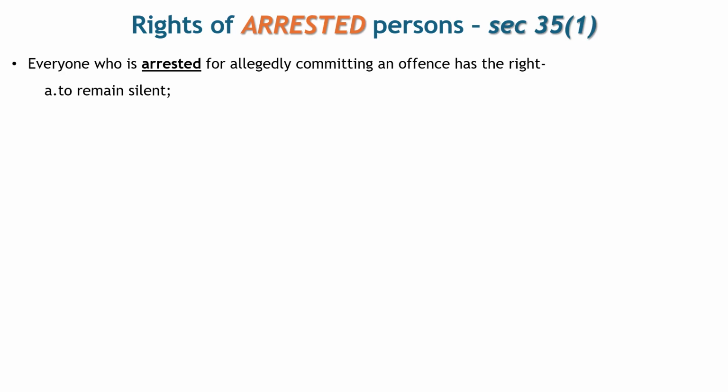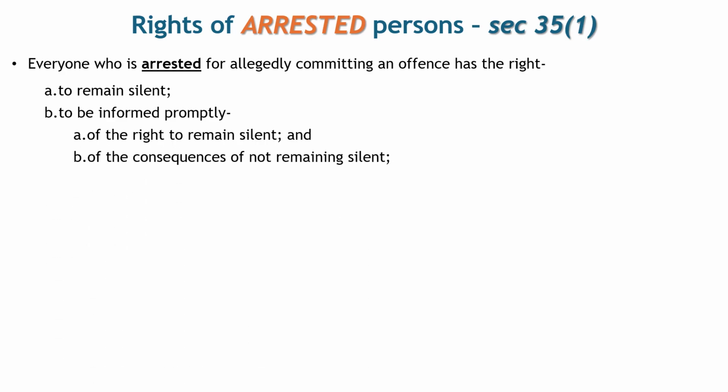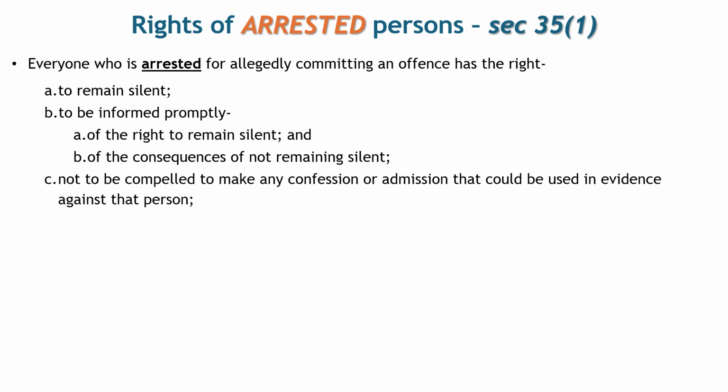The arrested person has the right to remain silent, and very closely related to that, the right to be informed promptly of this right to remain silent, but also to be informed of the consequences if he or she chooses not to remain silent. In other words, if he or she does not remain silent, that information can be used against that person in court later. Then, a person cannot be compelled to make a confession or admission that could be used in evidence against that person.